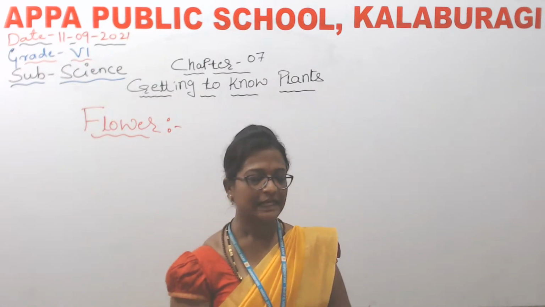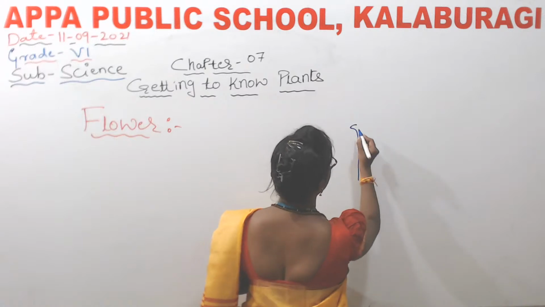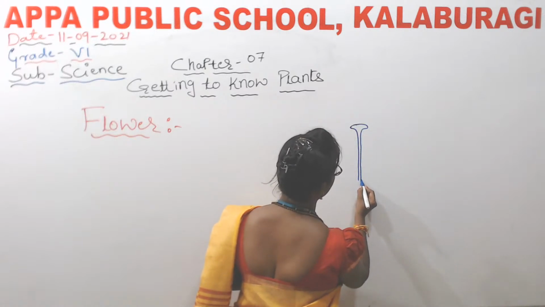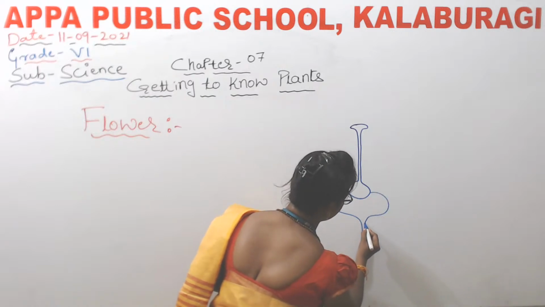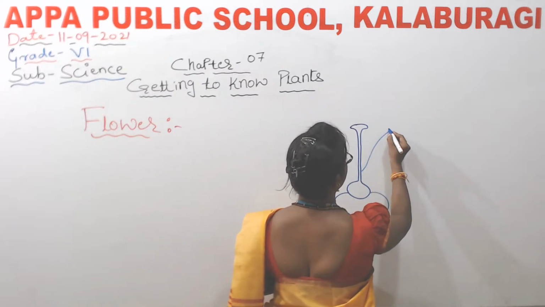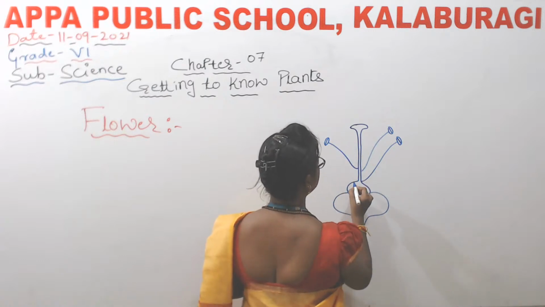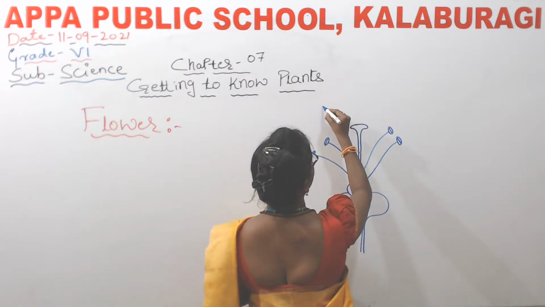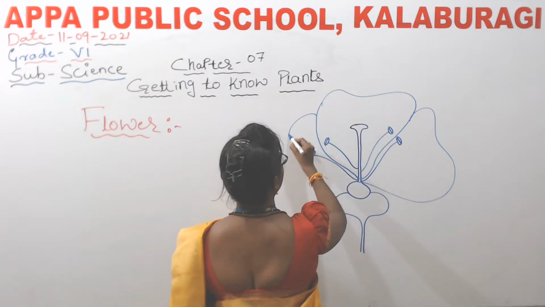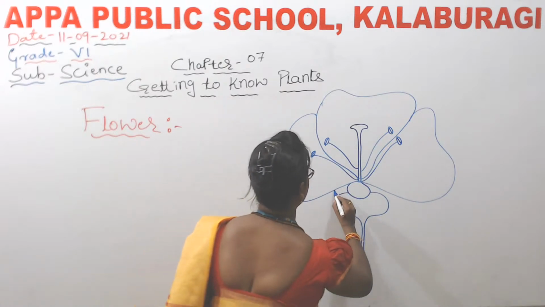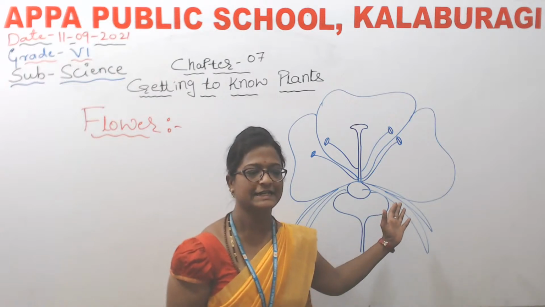Okay. So now what are the parts of a flower? Yes, children? Let me draw here. Just you also try to draw a neat diagram of a flower, children. So this is a diagram of a flower.